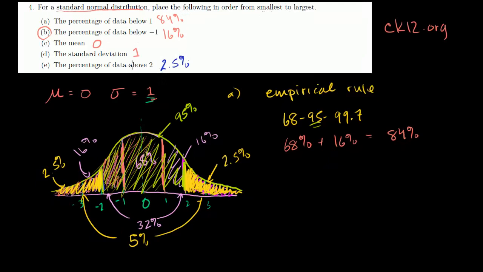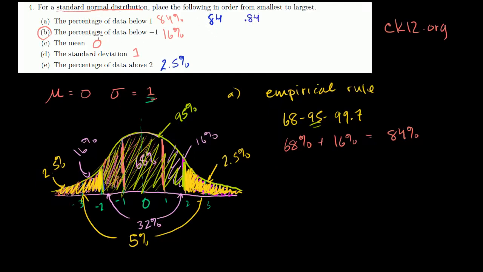There's a little bit of ambiguity here, because if they're saying the percentage of data below 1, do they want us to say it's 84%, so should we consider the answer to part A 84? Or, if they said the fraction of data below 1, I would say 0.84. So it depends on how they want to interpret it.